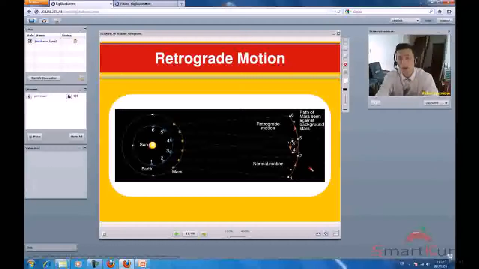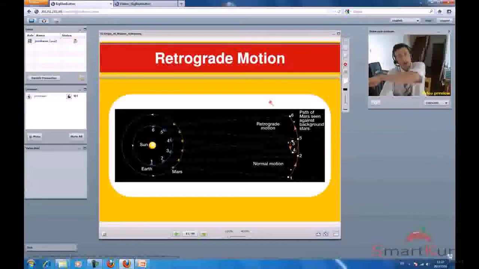Now, I know this is difficult to understand. It's really hard to wrap your head around this just from one picture. One thing I do want you to understand, when you look at this, realize that this path of Mars, we're not talking about Mars's path during one night.